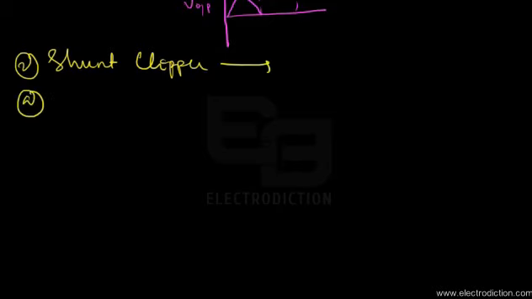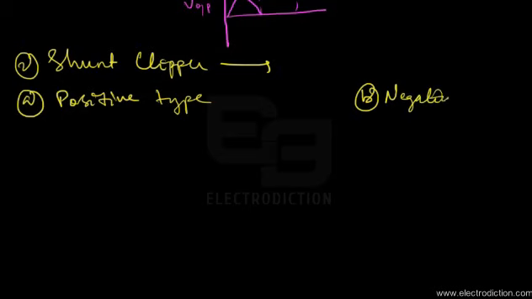Same as before, we shall compare the positive type and the negative type shunt clippers side by side. So there it is. In these two types of clippers, the circuit looks somewhat like this.